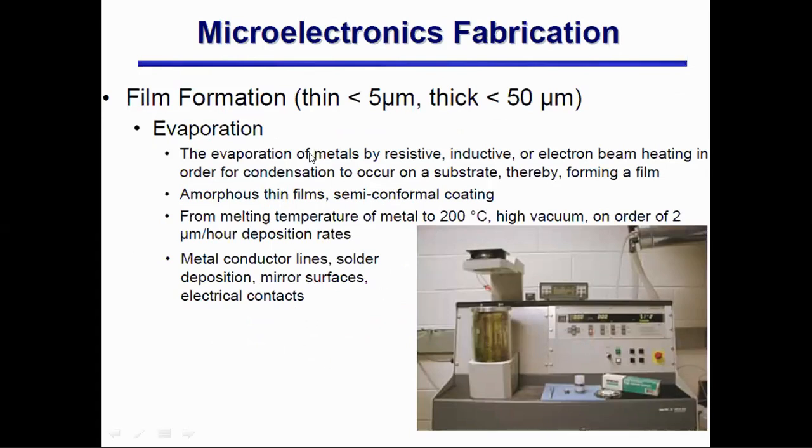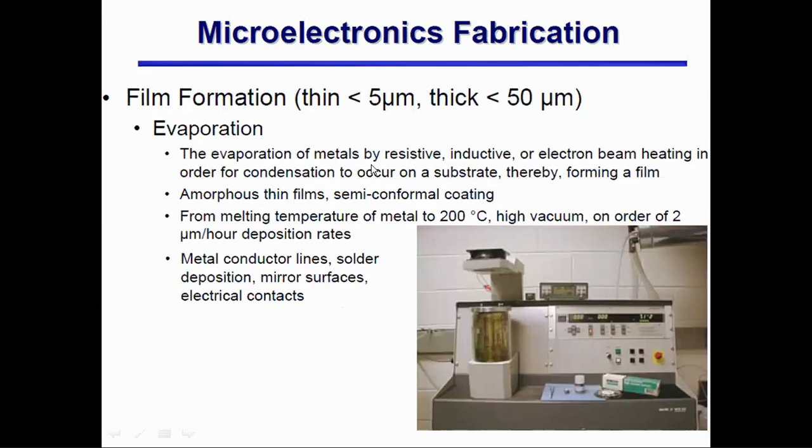It flows in the upward direction. And here on top we have the silicon wafer, and that metal settles down on the silicon wafer, and it condenses on the silicon wafer, and a thin film of material is formed on the wafer. This process is known as evaporation.